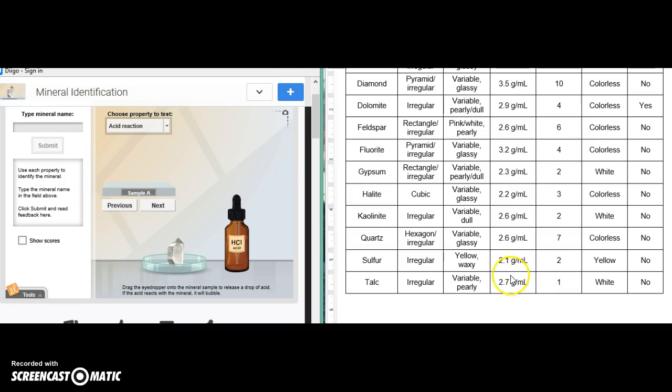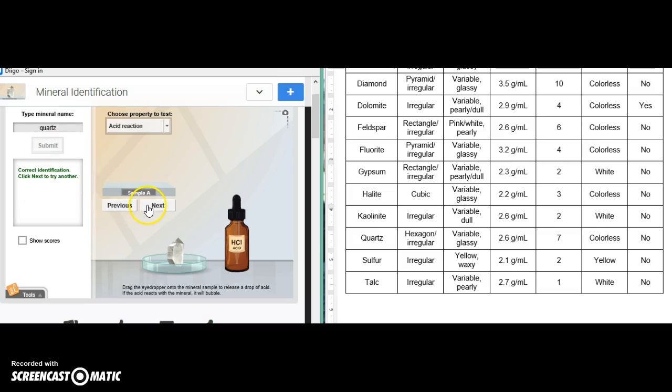And the answer is no. So I would say all of our data tends to look like this is quartz. So you can test it over here, and I will test it and see if what we have is quartz. And you can just see here, if I submit that we are correct.